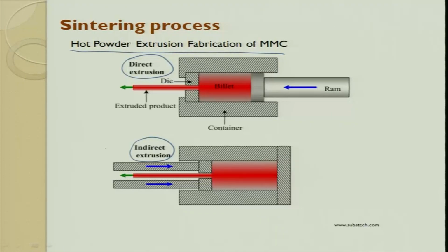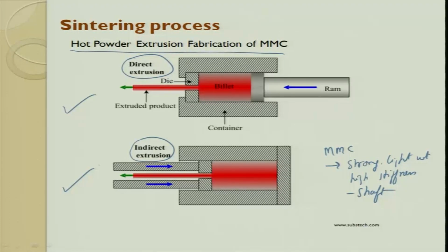So, we get hot powder extrusion fabrication of metal matrix composites. If you want to make a strong, lightweight, high stiffness shaft in MMC, it is possible. These are the processes used for making those outputs.